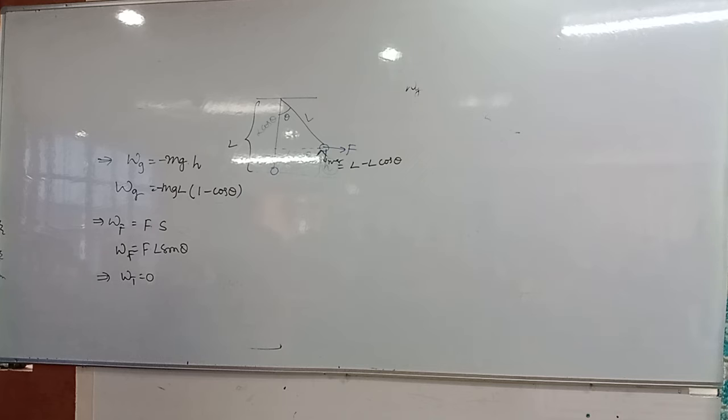Find the work done by the gravity in pulling a uniform rod of mass m and length L through an angle theta.